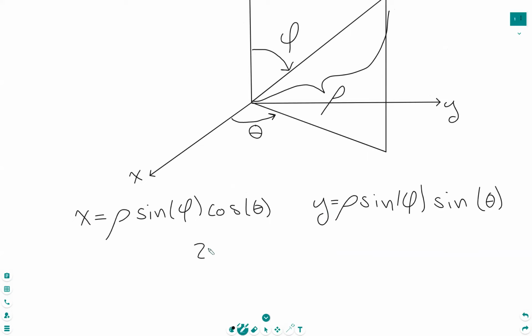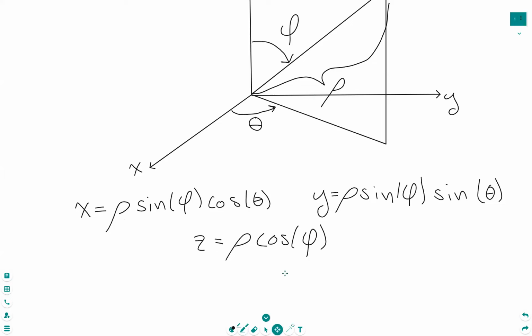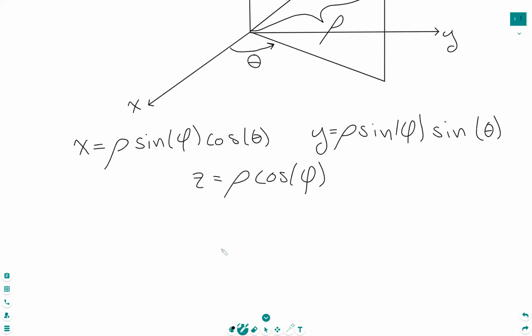And z is equal to rho cosine phi. So this is how to translate x, y, and z to spherical coordinates. It's also worth noting that rho squared is x squared plus y squared plus z squared.